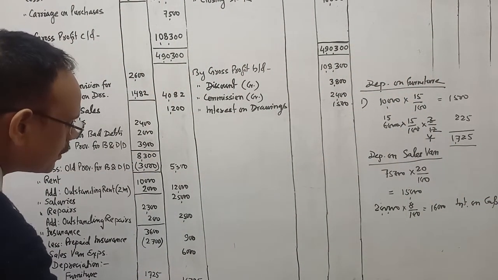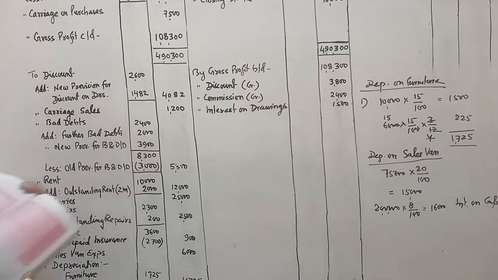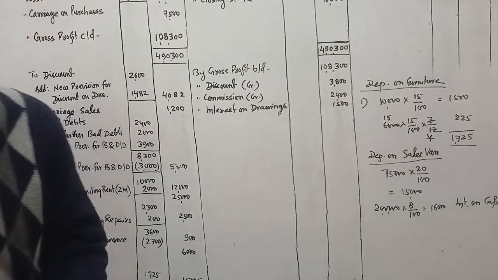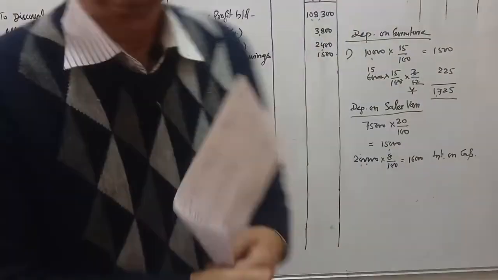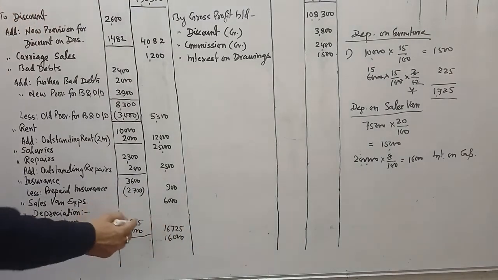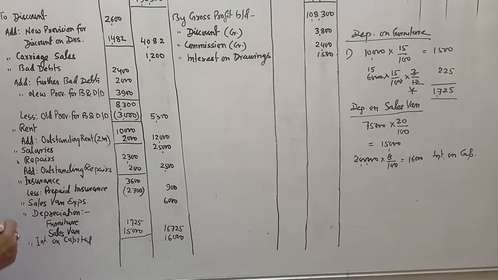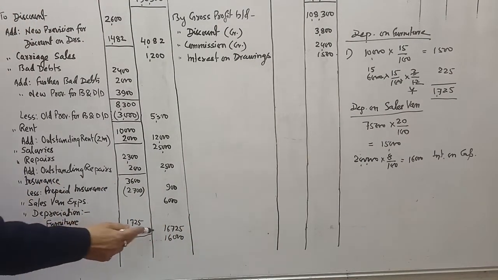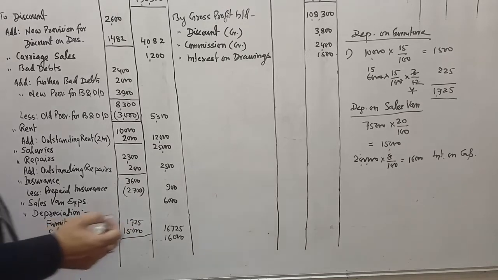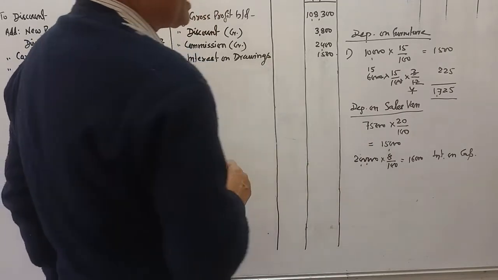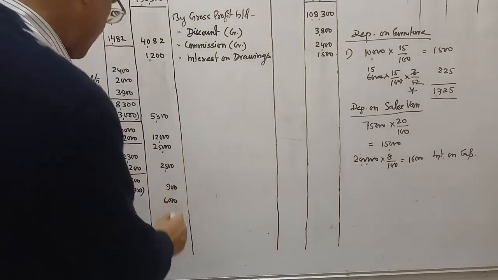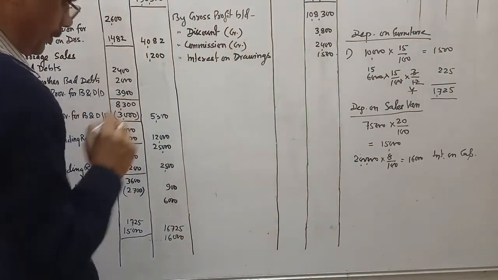Is it clear? This interest on capital is calculated on the amount of capital which is 2 lakhs at the rate of 8%, that is 16,000, and this side is interest on drawing.